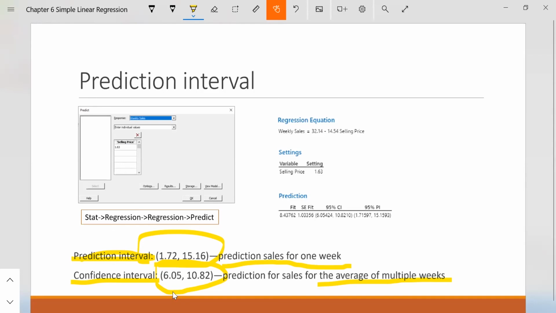We didn't mention this previously, but I want to ask you to think right now. For intervals, whether it's prediction interval or confidence interval, do we want it to be wider or narrower? Or in other words, would it be more useful to provide you with a narrow interval or a wider interval? And the answer should be narrower. If you picked wider when I ask that question, I want you to think about the following. So you come to me and ask, well, can you provide me a range of the course grade that I'm going to receive for this course?